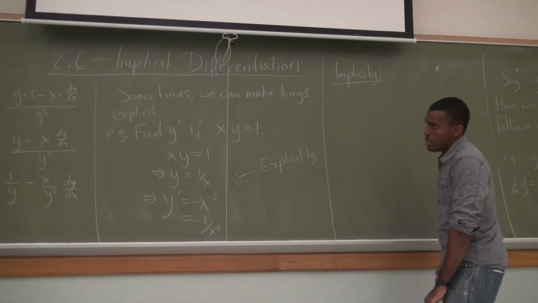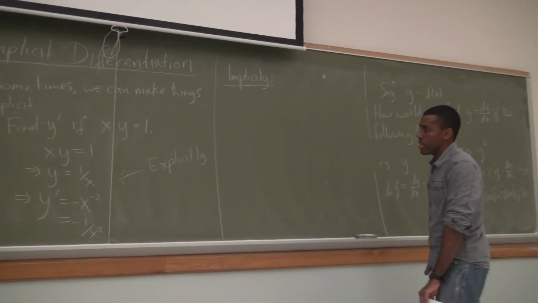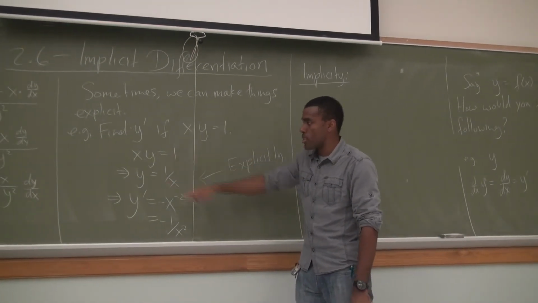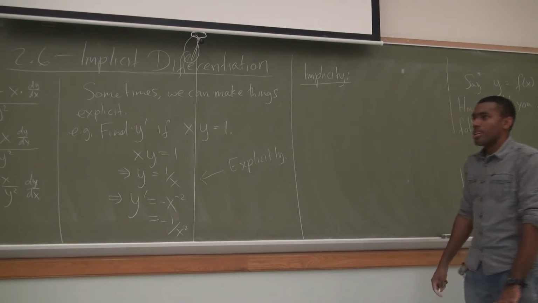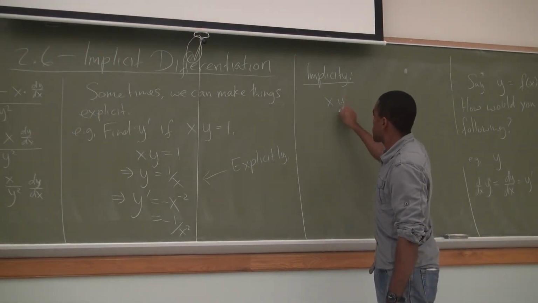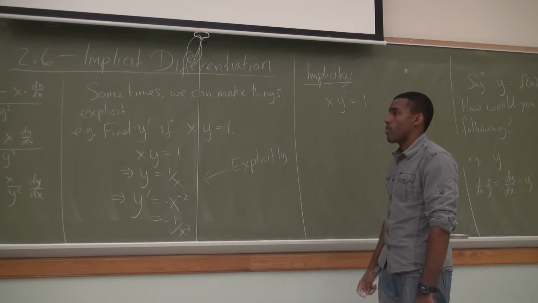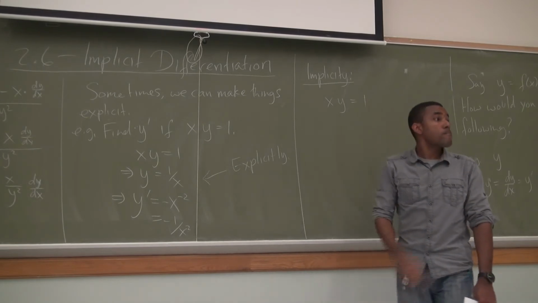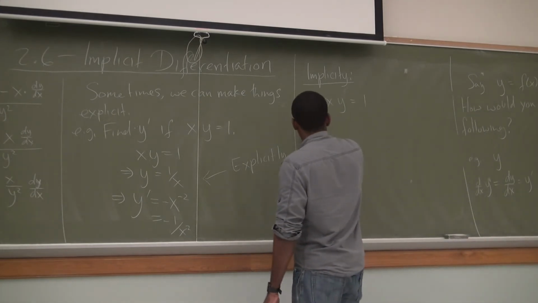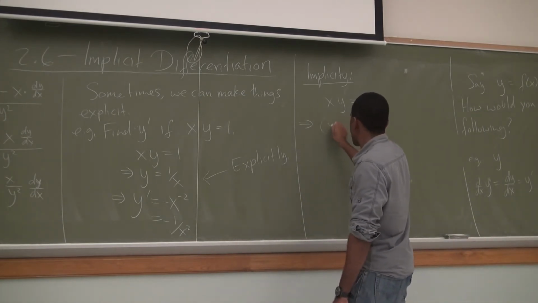Let's do implicitly with this example. How do you think you get this implicitly, meaning find dy dx without first solving for y? Take the derivative of each side. So the equation, what we're going to do is we're going to find the derivative of each side.